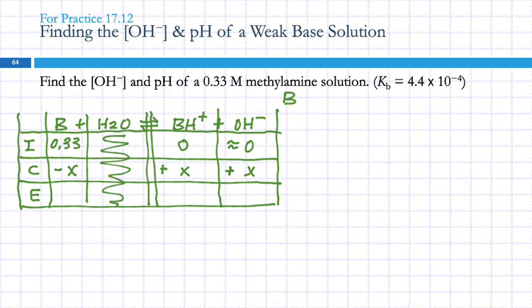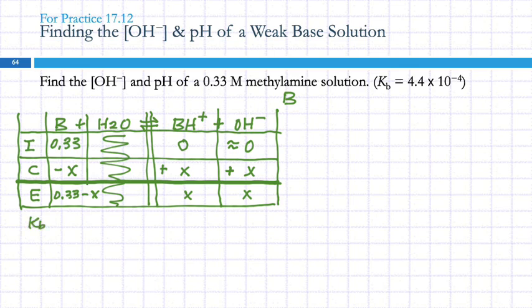With acids and bases, we almost always have coefficients of 1, which makes things much simpler. So then we take our first two rows and add them together: 0.33 minus x, x and x. Does this seem familiar? Just like the weak acids.